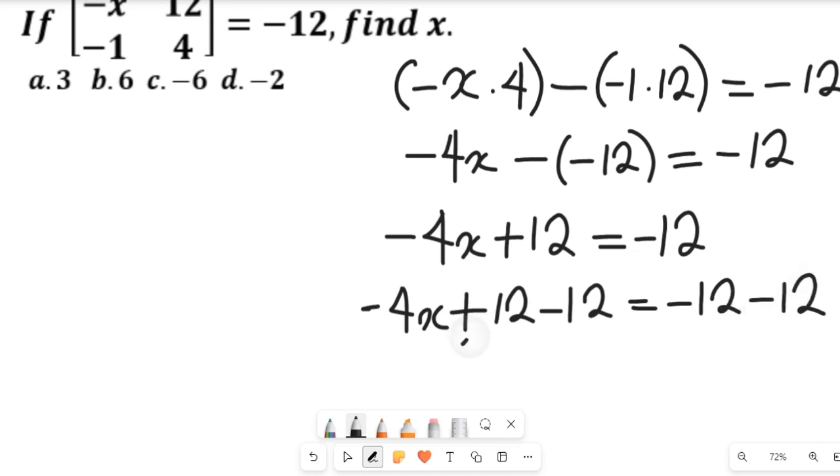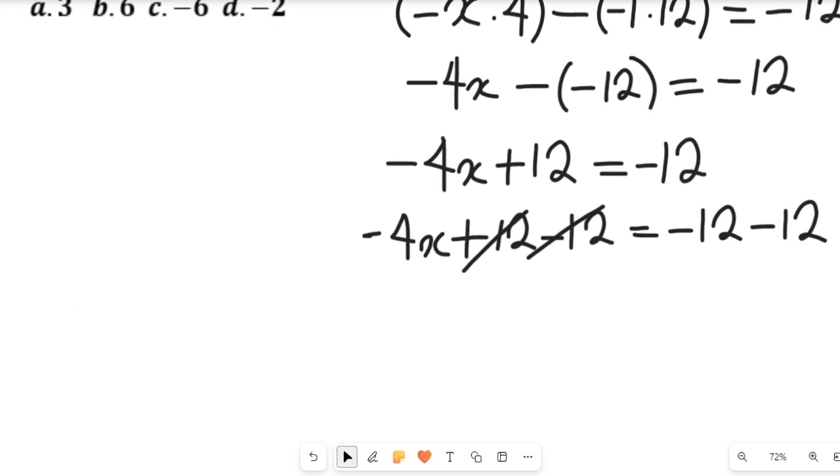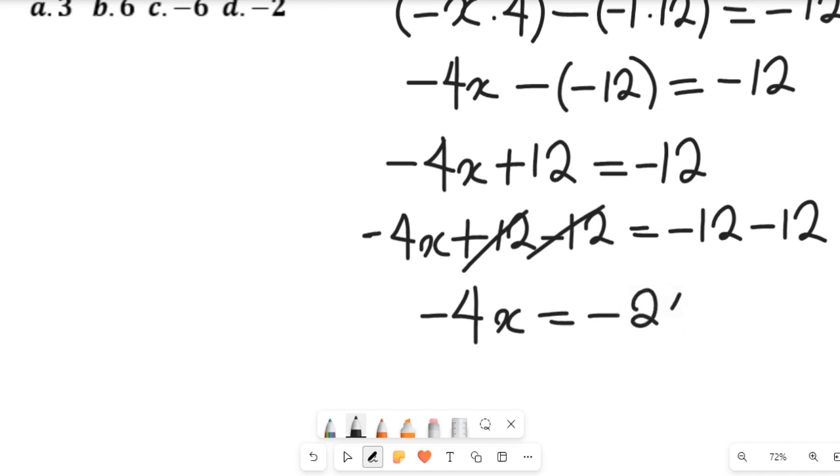So this clears the 12 because plus 12 minus 12 gives us 0. So we'll have simply negative 4x equal to negative 12 minus 12, which gives us negative 24.